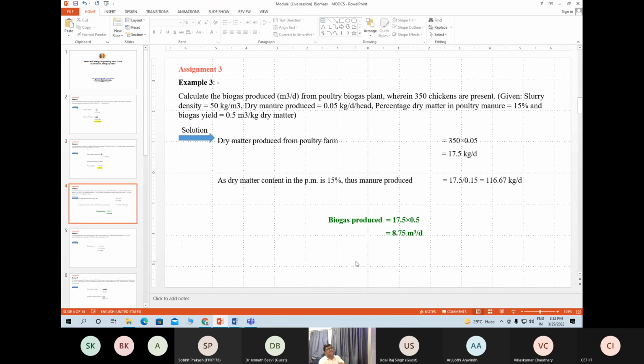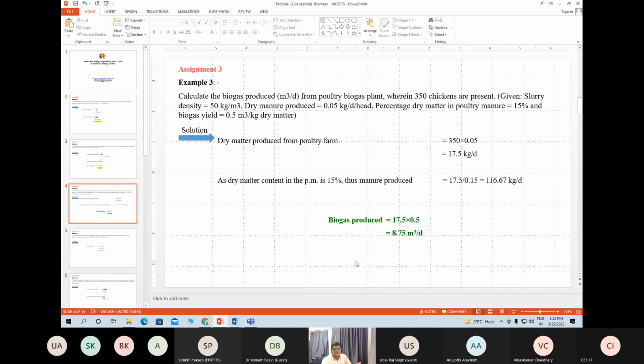Another example is in assignment number 3. In this case, this was also a very simple example, where you simply have to do some multiplication. Say, for example, you are calculating the biogas which is produced, and for that the manure is given as poultry manure, or you can say a poultry manure based biogas plant. This much amount of chickens are present in the poultry, and the waste of that chicken is utilized for the production of biogas.